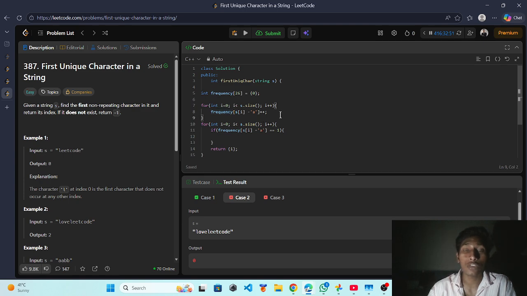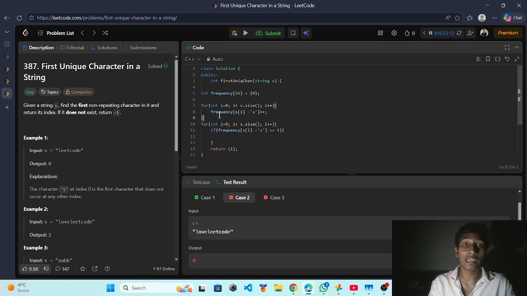So it checked only the 0th index, and the 0th index was counted only one time, so it returned i, which is not right. What is right is to first count how many times each character is present in string s.